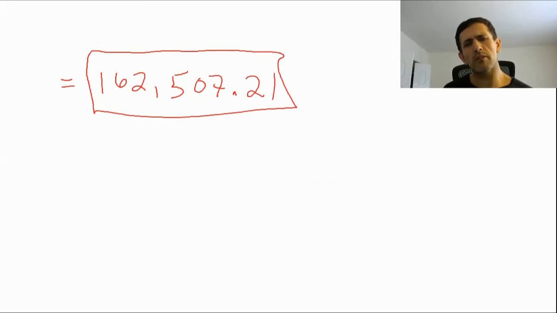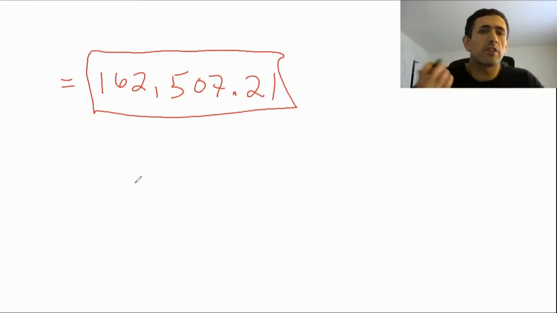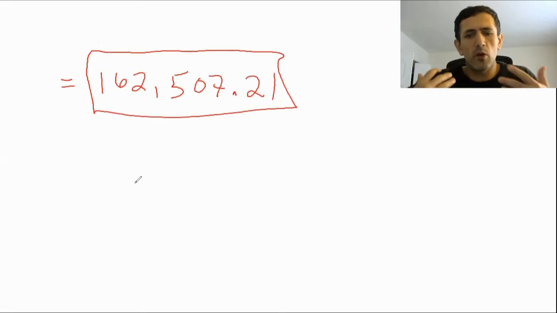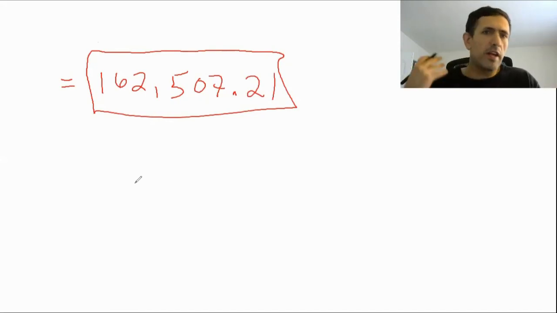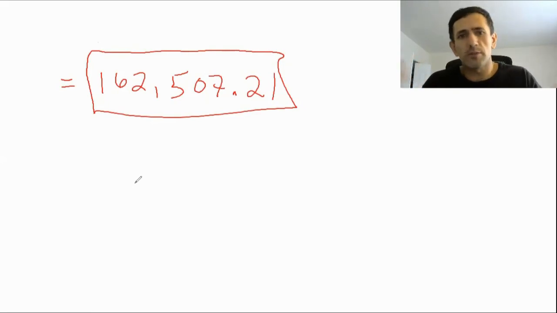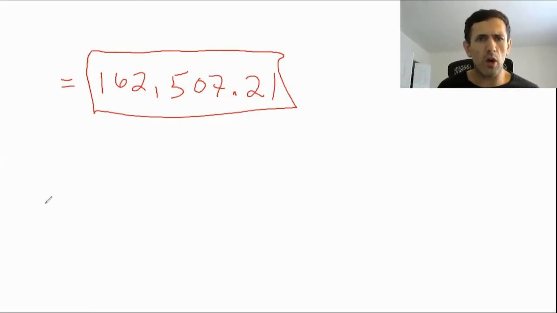The last bit of the problem, which in some sense is possibly the most important if you're deciding if this is a good strategy, is to figure out what the equivalent effective annual interest rate for this investment is. So you invest $100,000 now. In 10 years, you get $162,507.21.